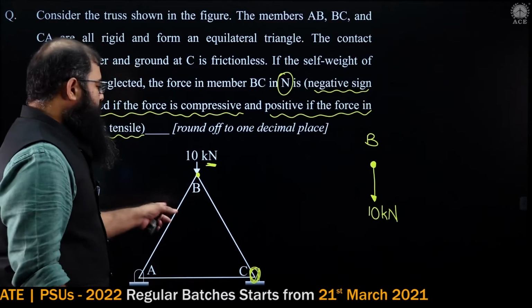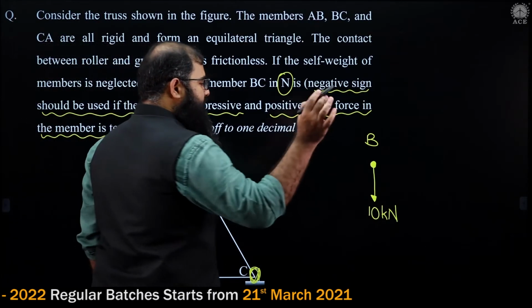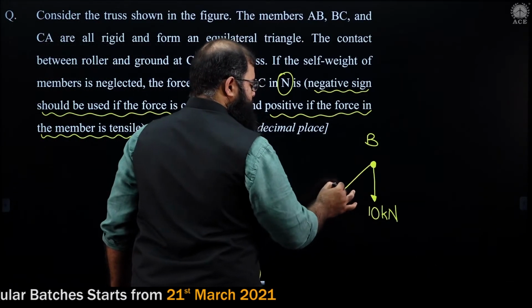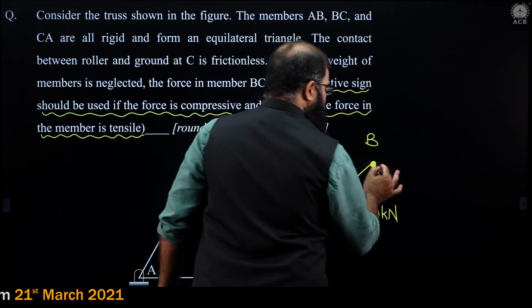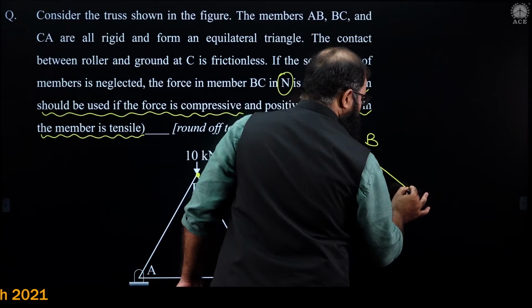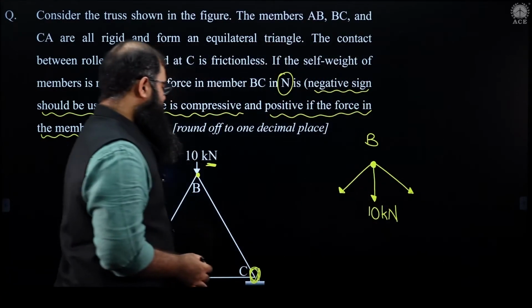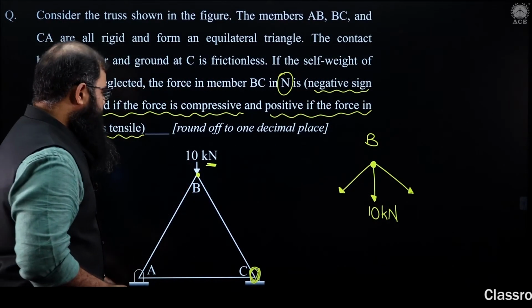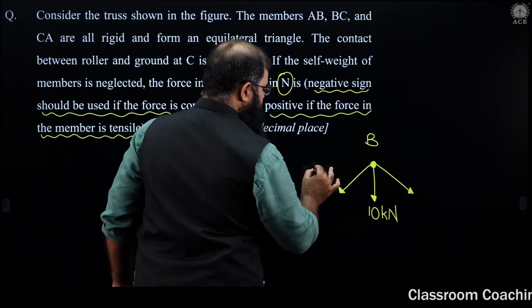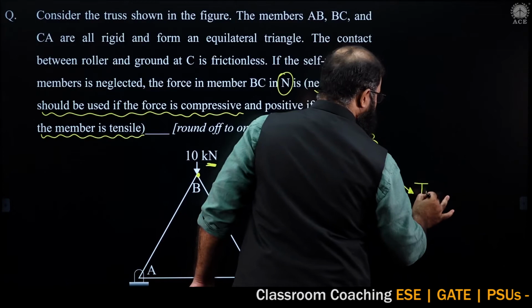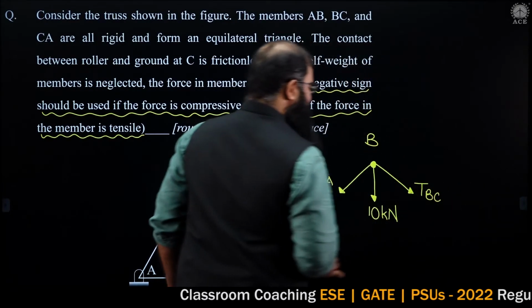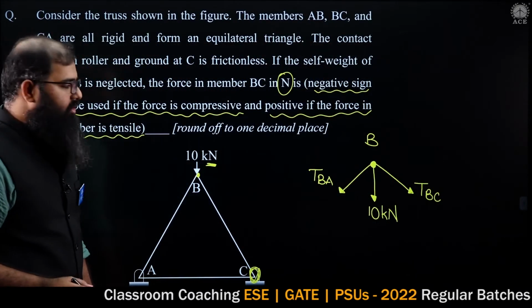Apart from that, I'm having two members. I'm assuming straight away that they are tensile members. I'll assume initially they are tensile members. There is no harm in assuming. So I'm having over here TBA, and over here TBC.